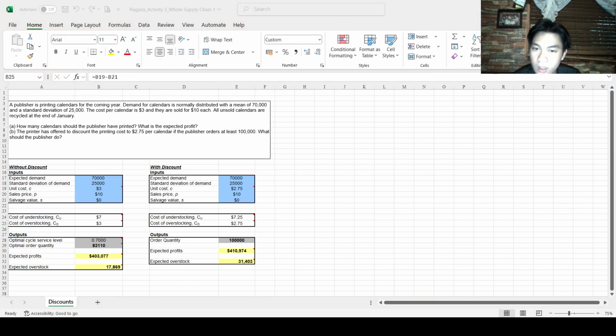Moving on to the output section, this table displays four parts: the optimal cycle service level, the optimal order quantity, the expected profits, and the expected overstock. The optimal cycle service level is achieved by taking the cost of understocking divided by the cost of understocking plus the cost of overstocking, to get 0.7.